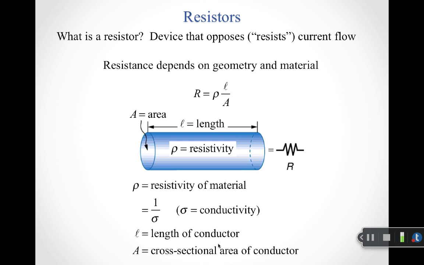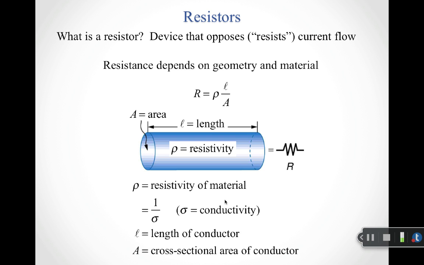In the same way that we said for capacitors, the capacitance depends on the geometry, and then you can talk about the material in terms of whether or not you choose to put a dielectric within your capacitor, the same thing applies here. The resistance of a resistor depends on the geometry and on the material you make the resistor out of.